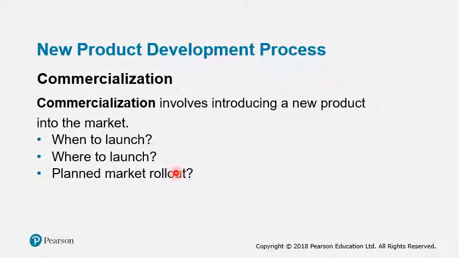Market rollout is actually when you produce product by batch. Of course, you cannot produce 1,000 or 1 million units per batch, unless it's pencils. But when you talk about cars, for example, or even iPhone, when Apple launches its new iPhone, they will always plan for this market rollout by saying that, okay, when we launch it today, the market will be able to get it in the next 1 week, with the restriction of course, people in the United States will get it first.